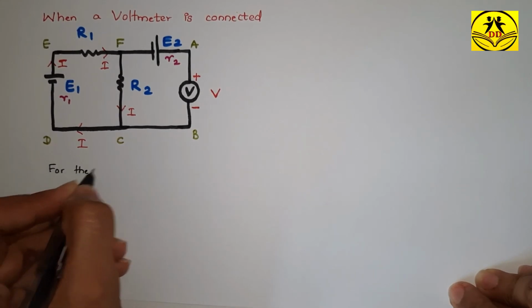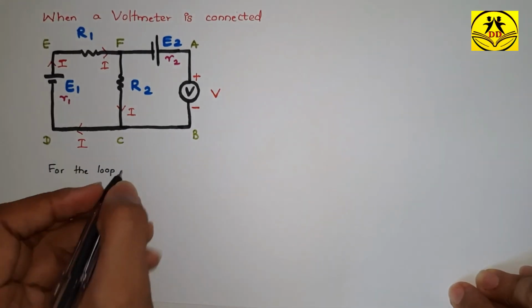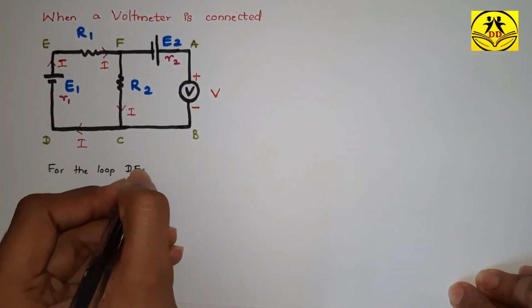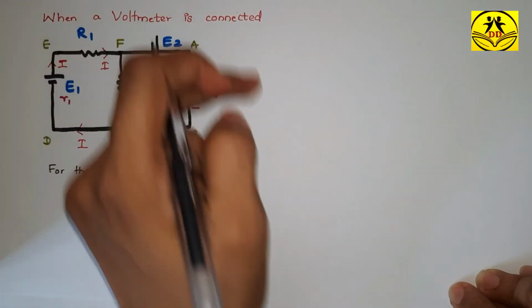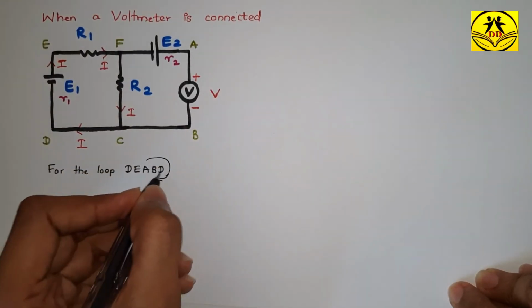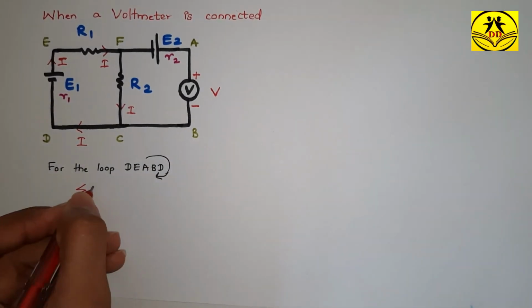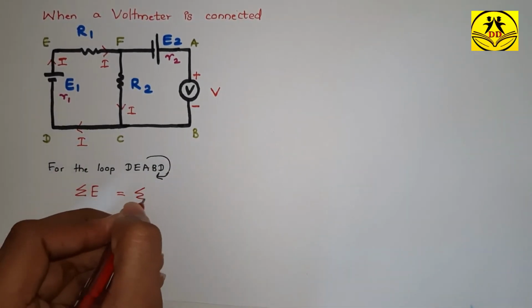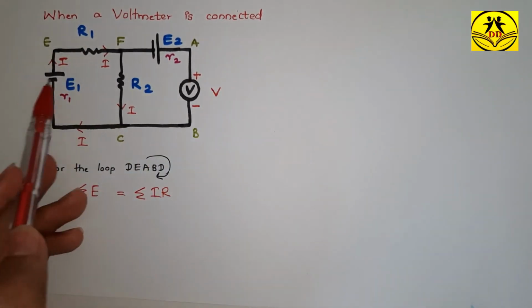For the loop DEABD in this direction, you apply sigma E equals sigma IR.